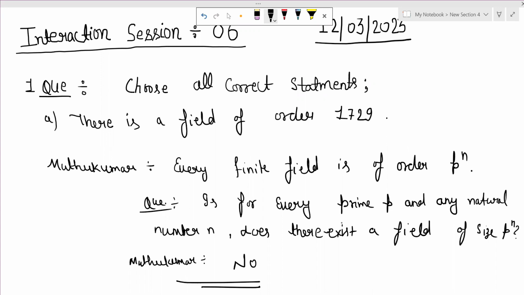Here we are telling that for every prime and every natural number, there exists a field of order p to the power n. And you are saying this is not correct. Yes. Okay, so how will you answer this kind of question if this is not correct? You have been given a number, how will you say that there is a field of this size or not? If this is not true, then how will you answer this kind of question? There is a field of order.